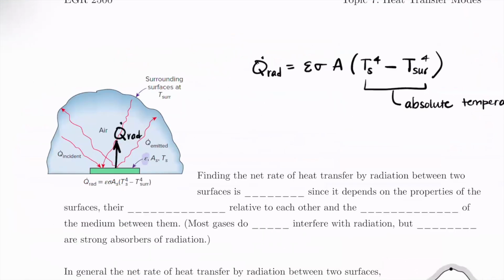Our emissivity is this guy right here. We still have our universal constant. Our area is this guy right here, and our surface temperature is right here. And then the very far away surroundings are T sur, or T surroundings. So that's this.